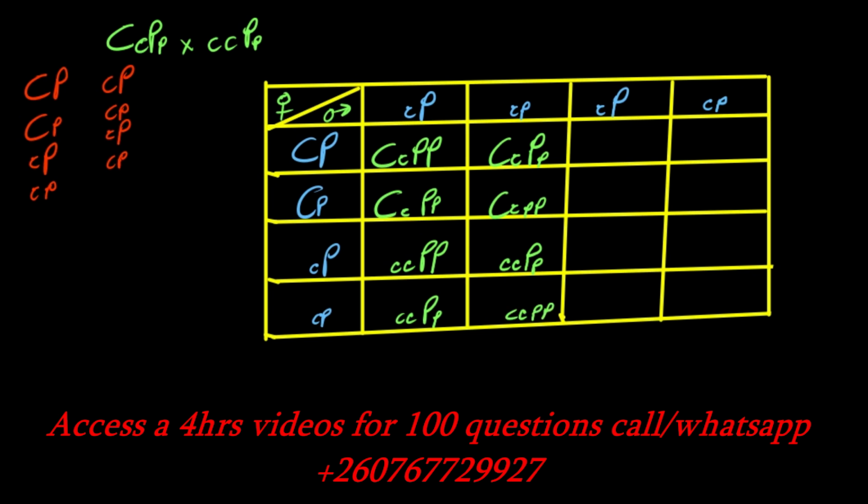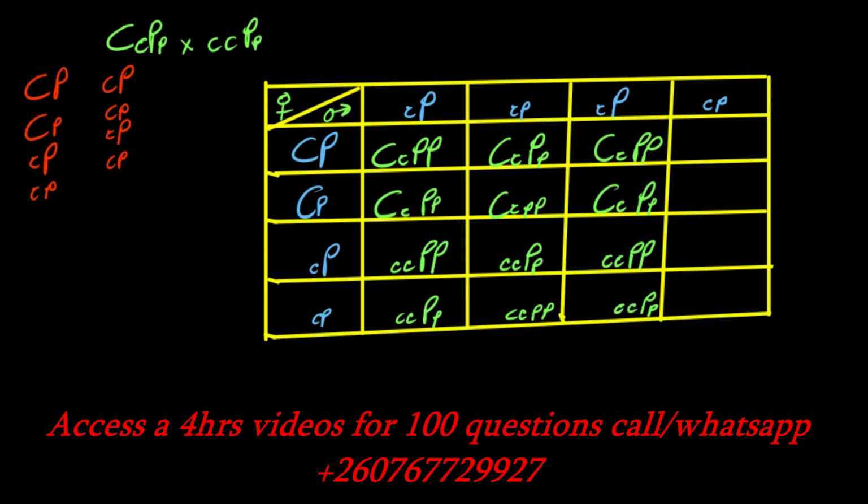Hope you are able to follow where these are coming from. So this, then that, another one. Then we have another one here, this and that, then this and that, then this and that. Capital letter P is coming from there, small letter p is coming from here. So that's what we have there.